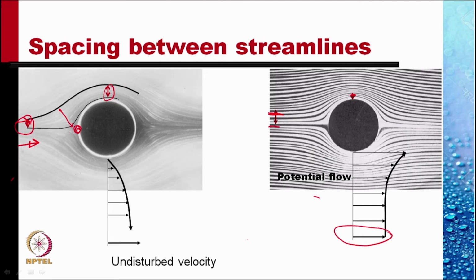Of course, in an actual flow, the velocity at the surface must be zero. So this velocity must have a very sharp reduction to zero velocity. This is the boundary layer that we discussed earlier and which we will discuss later on in the course.